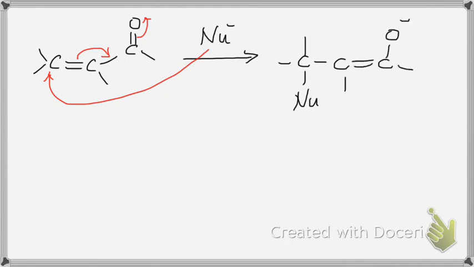So in this process, the double bond shifted, and we are adding the nucleophile to the beta carbon. At the same time, the oxygen is able to pick up a proton from the solution.